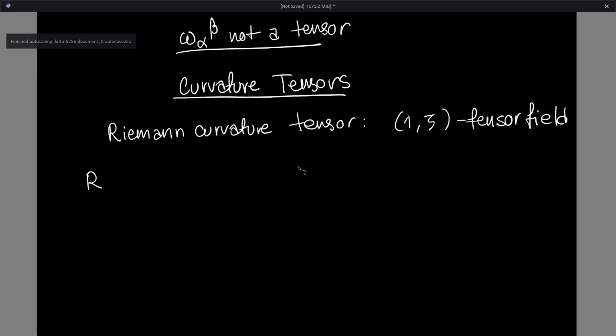You can talk about curvature around a point, but you can't really talk about curvature at a point. Points don't really have curvature. So the Riemann curvature tensor should really be called the Riemann curvature tensor field, and it's a 1-3 tensor field.